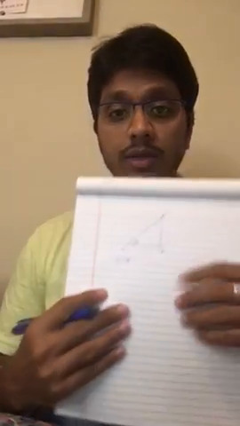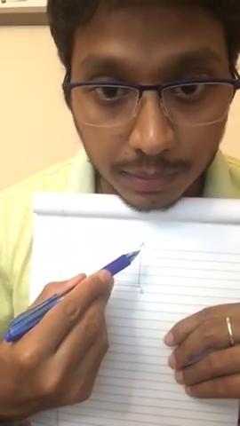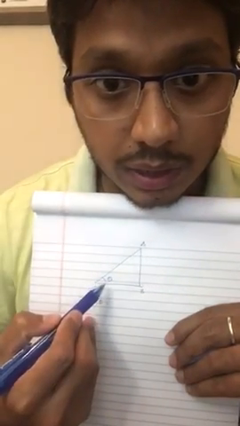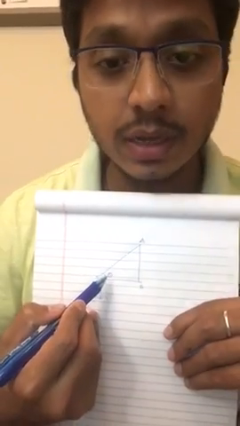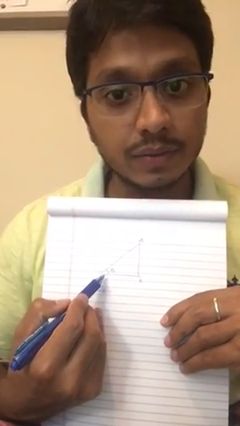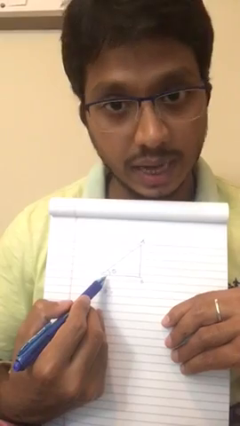Let's take the triangle ABC as a right angle triangle with B as the right angle. The angle C is the theta with respect to which we will be talking about the basic functions. The very first function I would like to start discussing is sine theta. Sine theta is the side of the triangle opposite to the angle for which we are calculating the sine function.